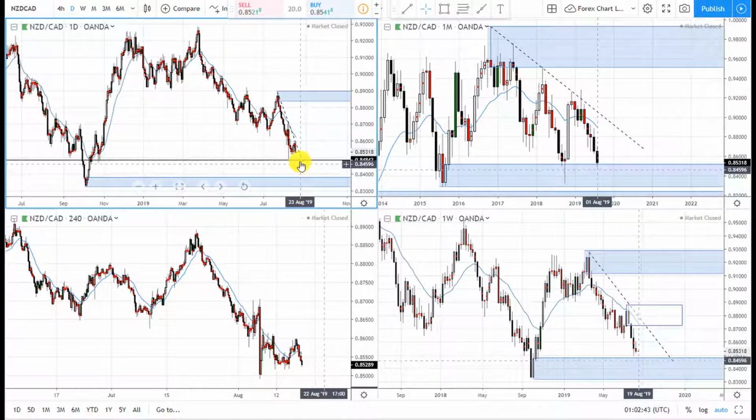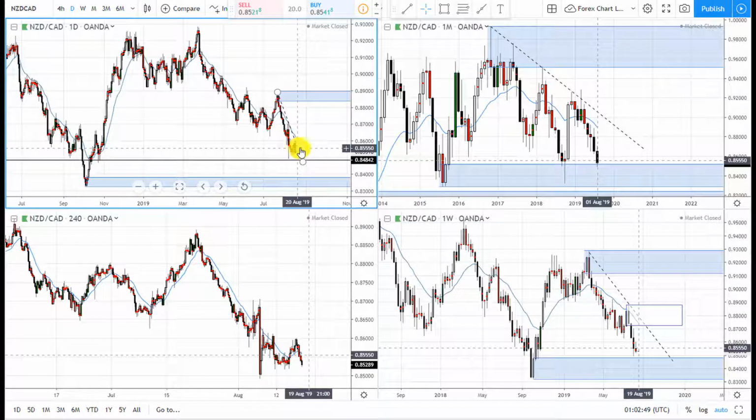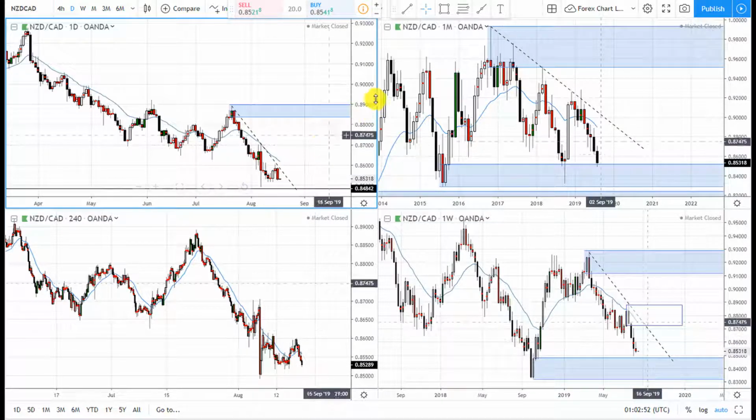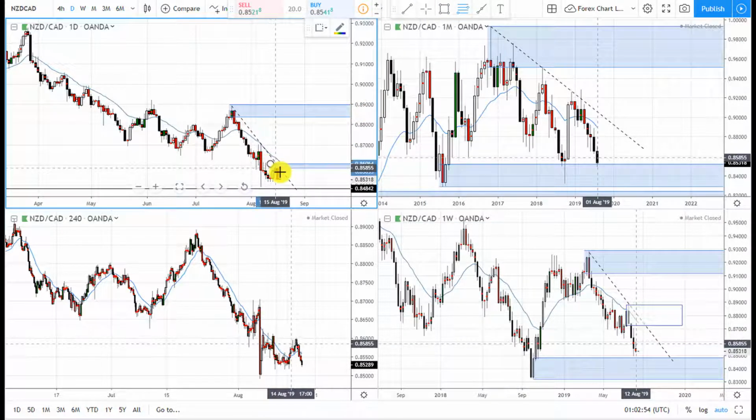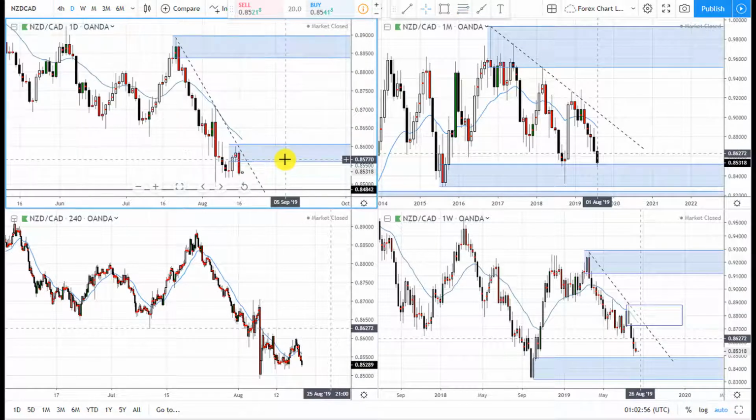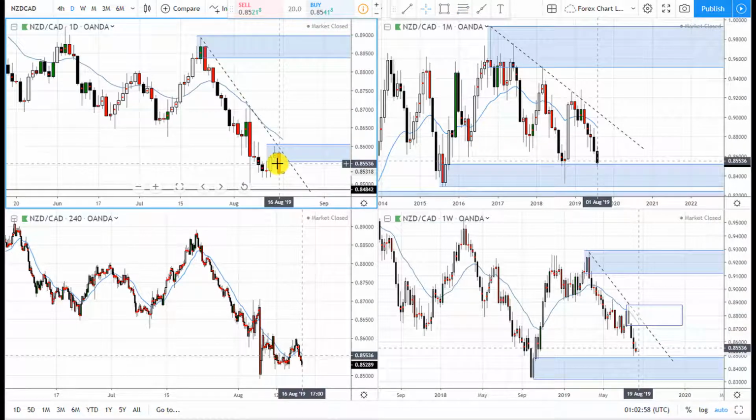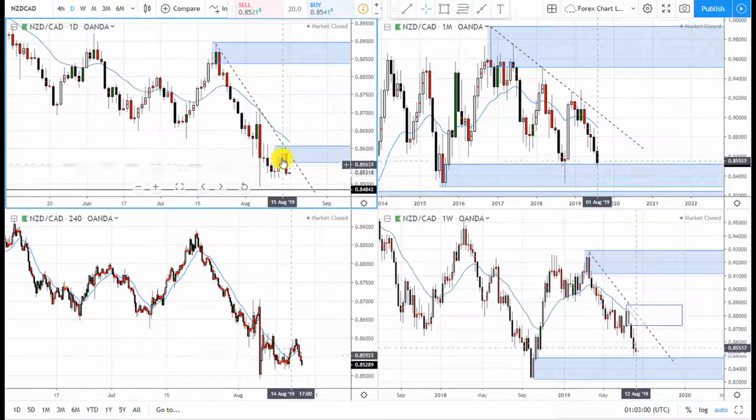So you don't want to short here, because you're going up against a higher time frame demand zone. Let's say you set your short right here at this little bearish engulfing candle.